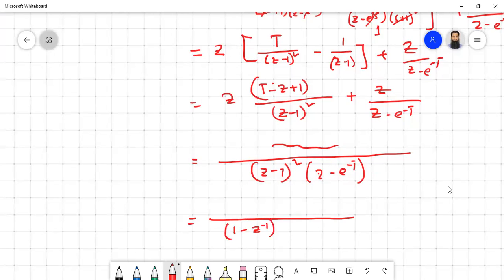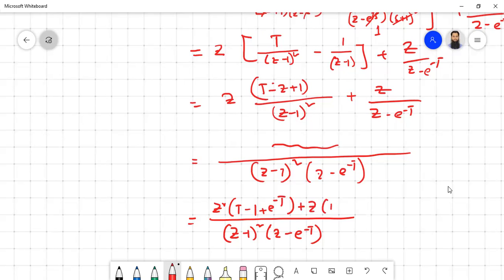Obviously, it will be coming in z form, then you have to divide the numerator. Actually, it's better to write there. So write z minus 1. I'm just skipping one line maybe then. Okay, so z minus e to the minus t, z square, t minus 1 plus e to the power minus t, plus z, 1 minus e to the minus t minus t to the power minus t.